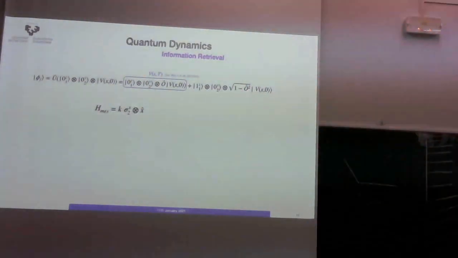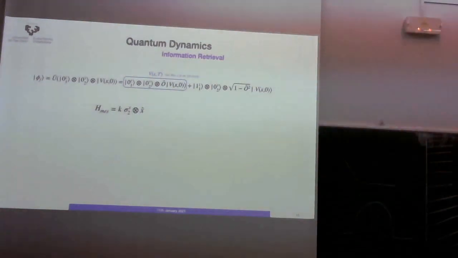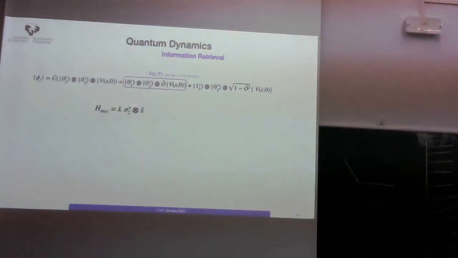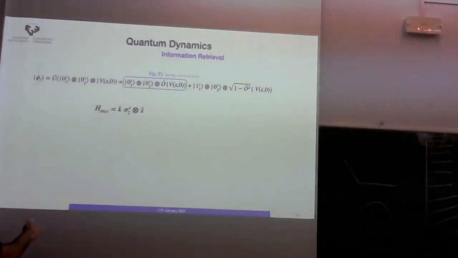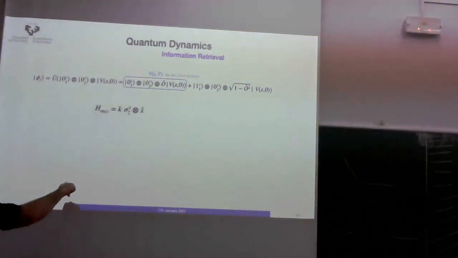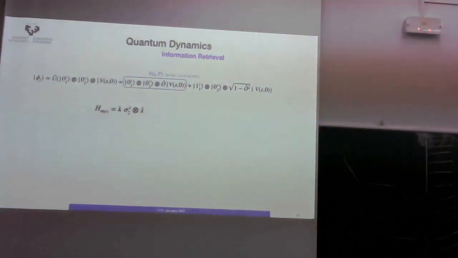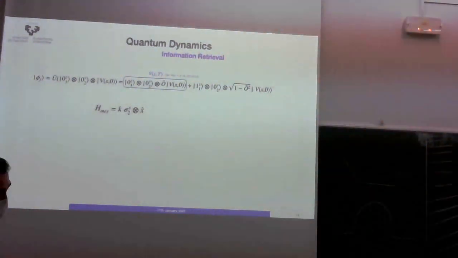Once we have evolved our system, we make use of an ancillary Hamiltonian just for the measurement, which has a dependency on k, and has a sigma x interaction for the second spin, together with the position operator.